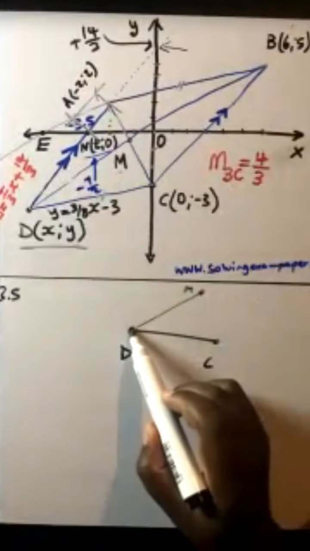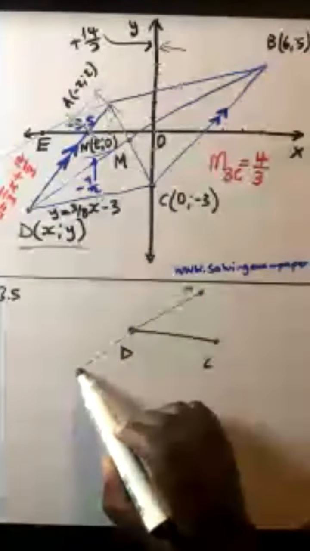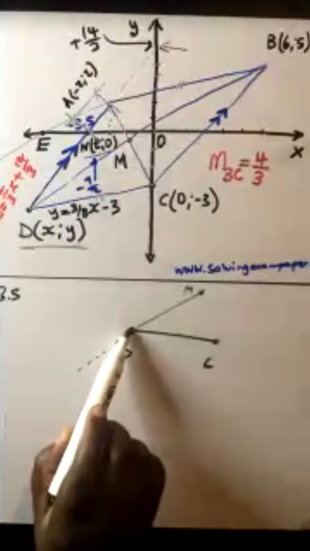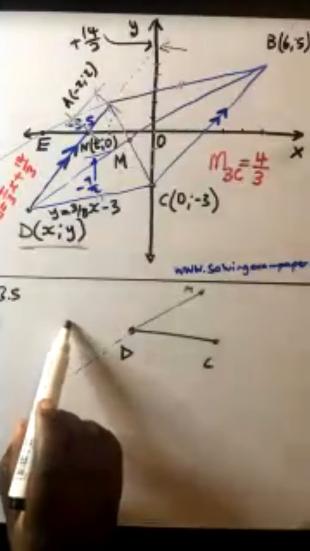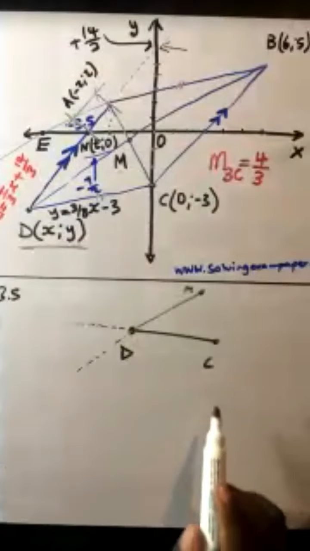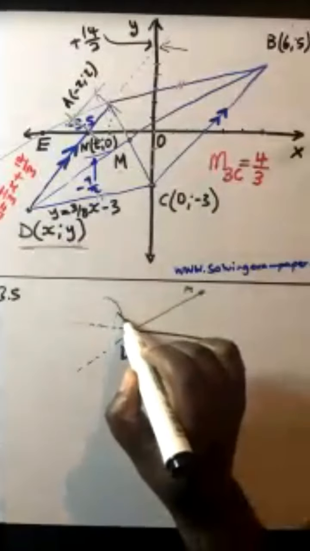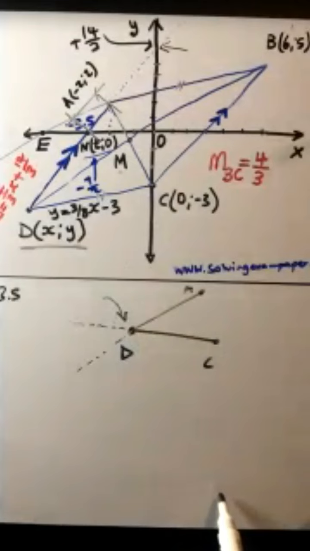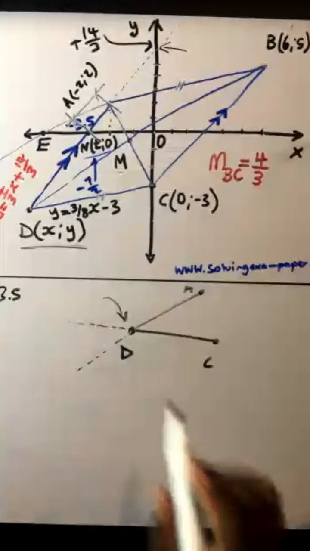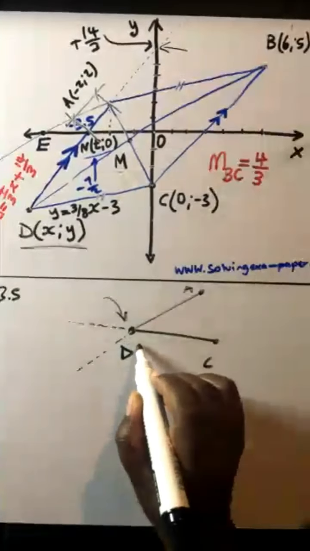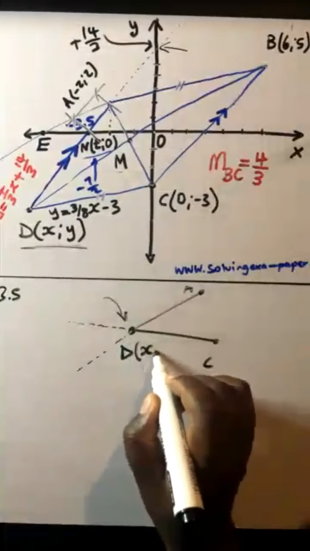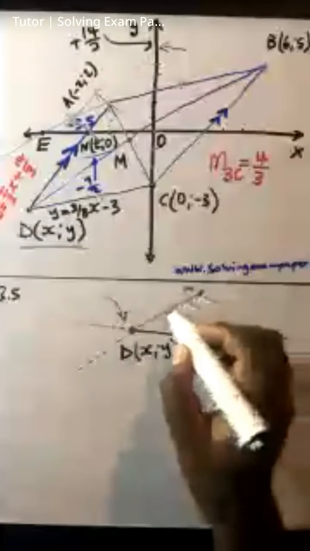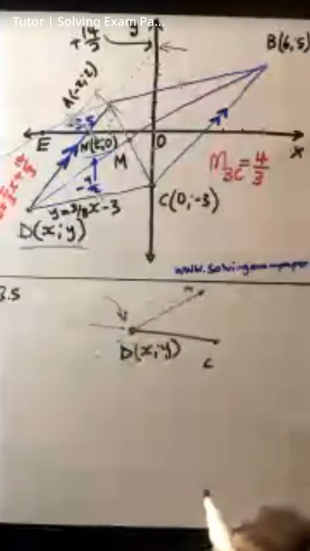So remember, guys, that line can still be extended, and also that line can still be extended. I just want you to notice that this is the point of intersection of two lines, which means at that point we've got the same x value and the same y value for these lines.